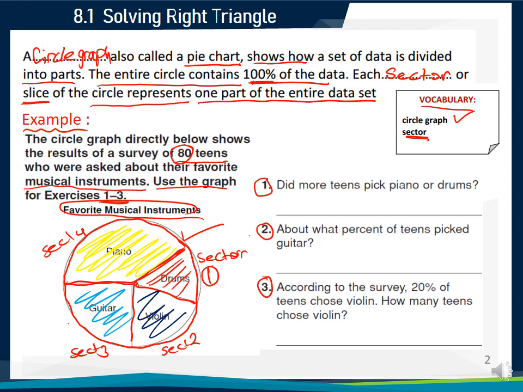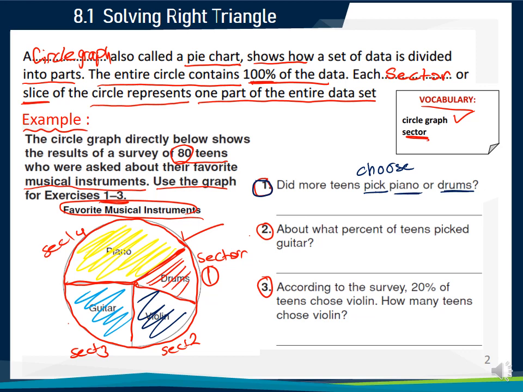Now the first one, exercise 1. Did Martinez pick, meaning choose, piano or drums more?